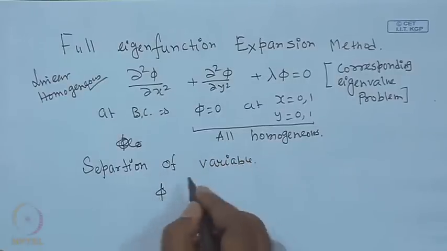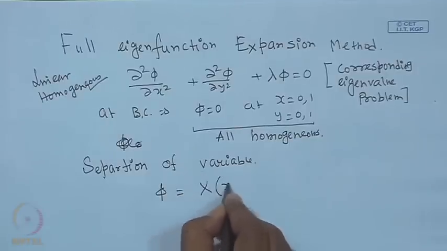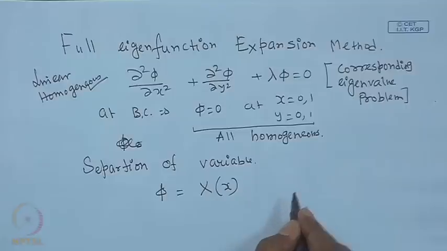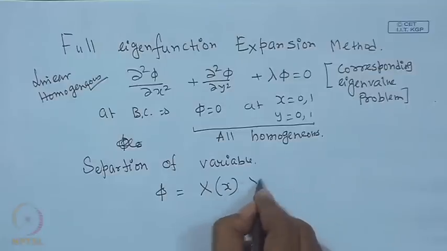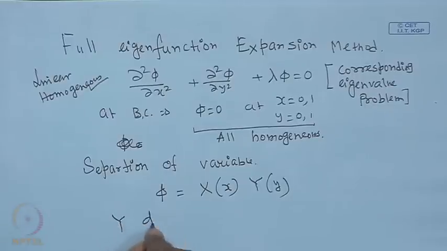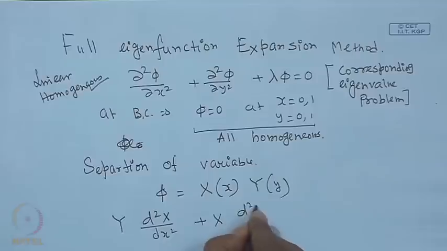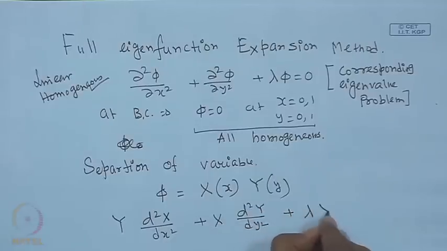We assume that phi is a product of 2 functions, capital X which is entirely a function of x, and capital Y which is entirely a function of y, and we substitute in the governing equation. So, this will be Y d square X dx square plus X d square Y dy square plus lambda X Y is equal to 0.